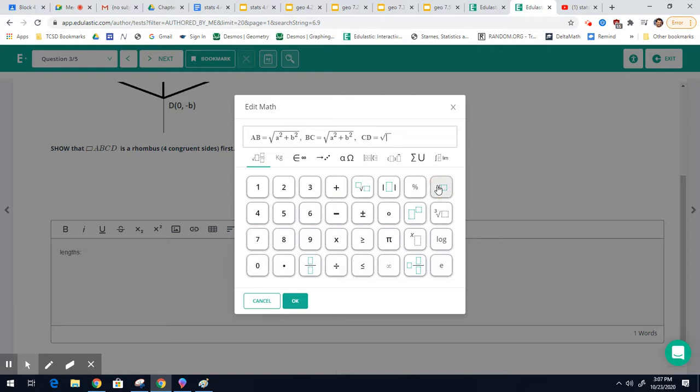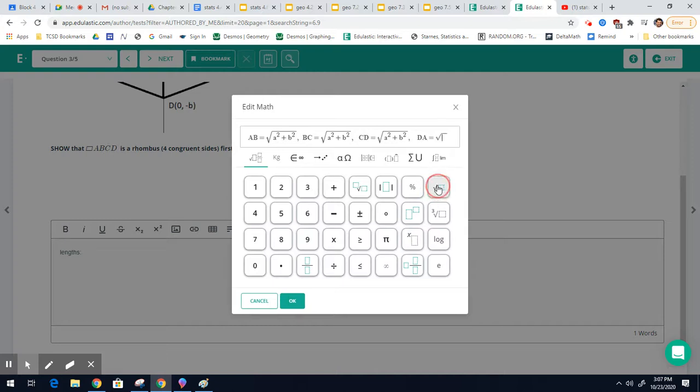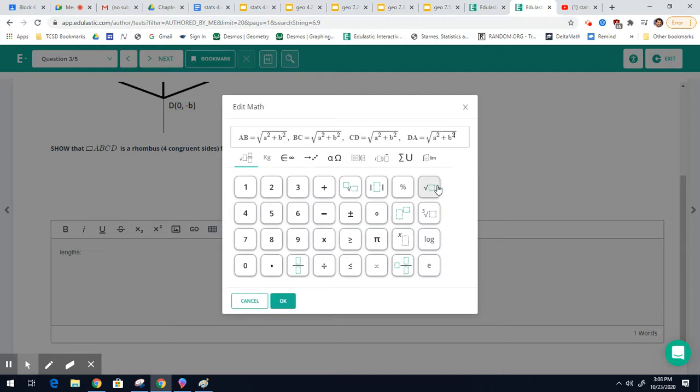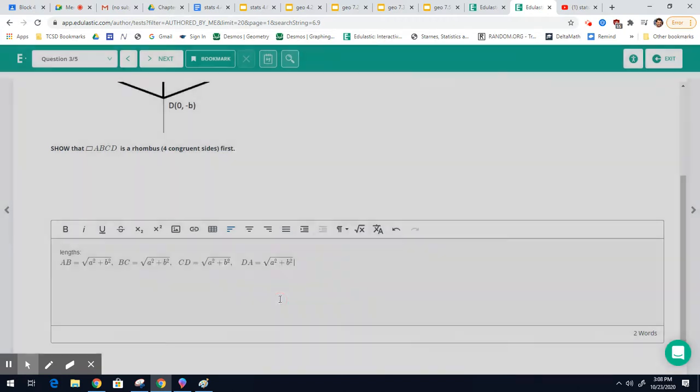CD equals the square root of A squared plus B squared. And DA, or AD, equals the square root of A squared plus B squared. So that means you have 4 congruent sides and you are a rhombus. Great. So you verified it's a rhombus.